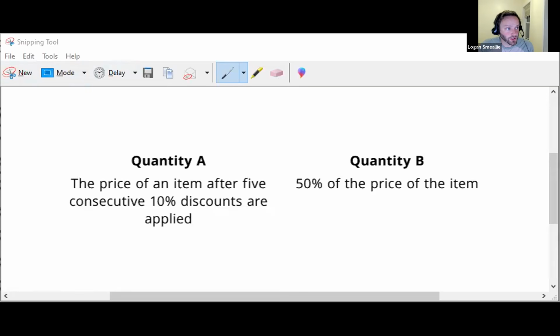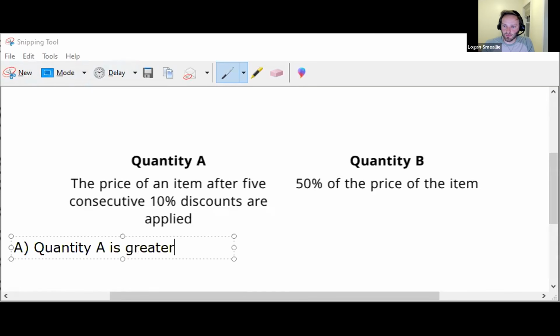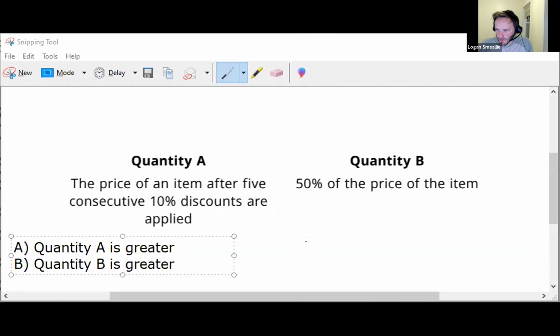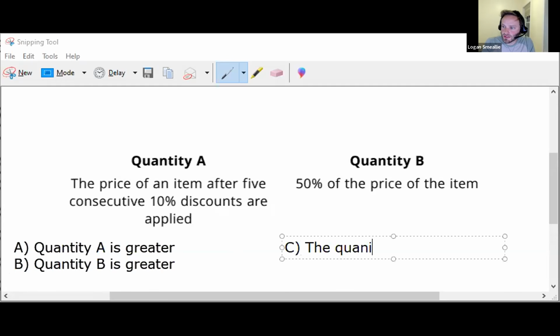If you haven't seen this question type before, this is called a QC question. There are a lot of these on the test, 7 or 8 per set of 20 math questions. Here are the answer options. A means quantity A is greater. B, quantity B is greater. C means the quantities are equal.